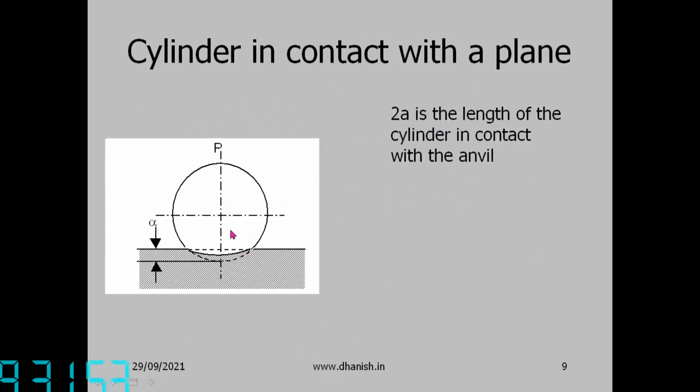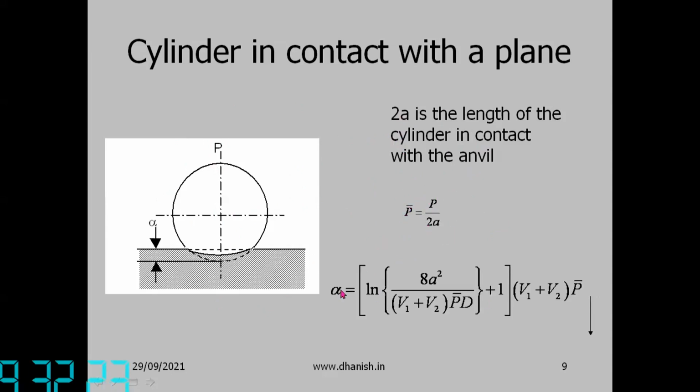So this is axis symmetric. The axis is perpendicular to the screen. 2a is the length of the cylinder in contact with the anvil. So how much length of the cylinder is in contact with the anvil? That is 2a. So the force per unit length, that is P bar, is P by 2a.